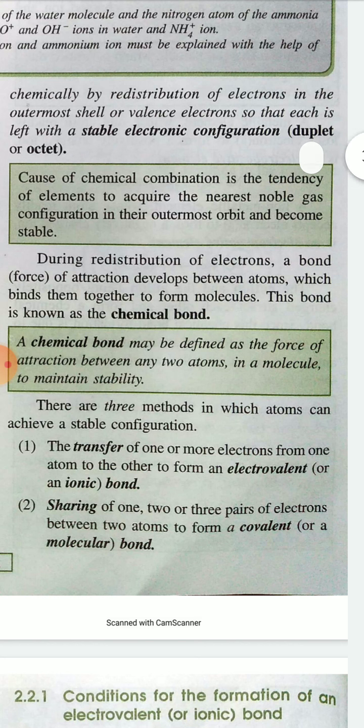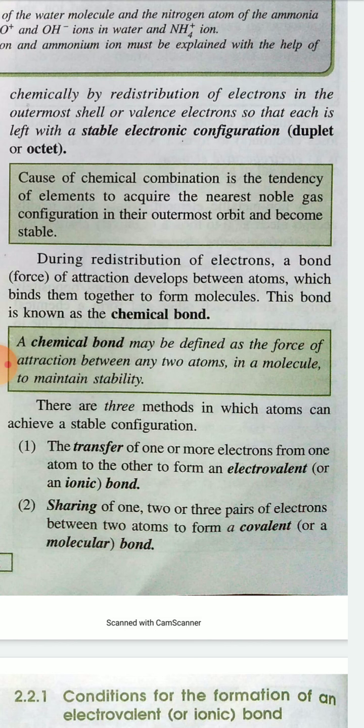There are three methods in which atoms can achieve a stable electronic configuration. First, by transfer of one or more electrons from one atom to the other to form an electrovalent or ionic compound.